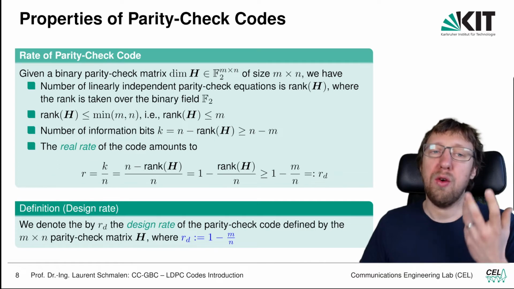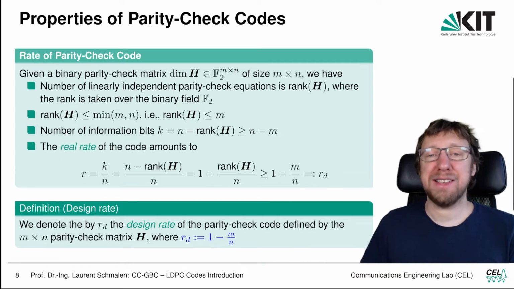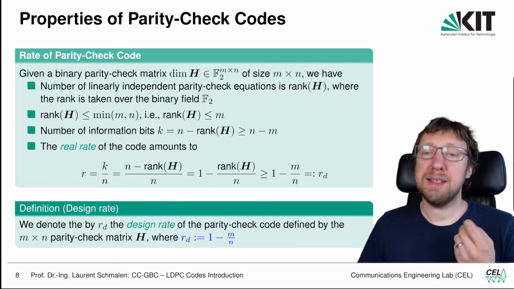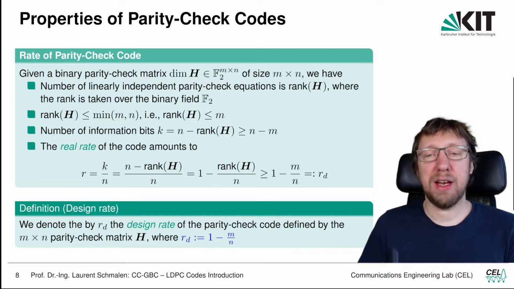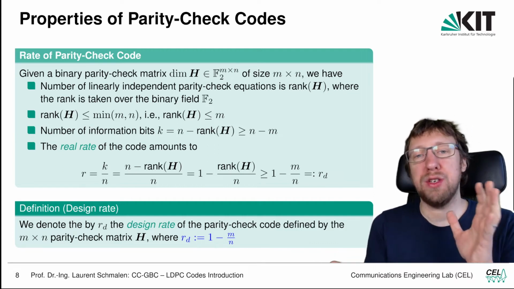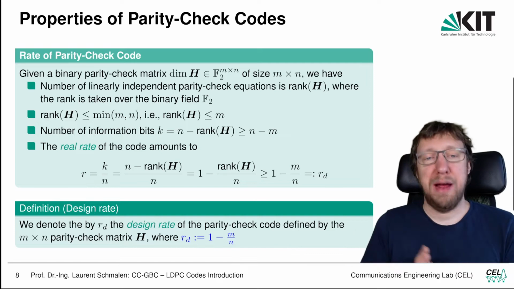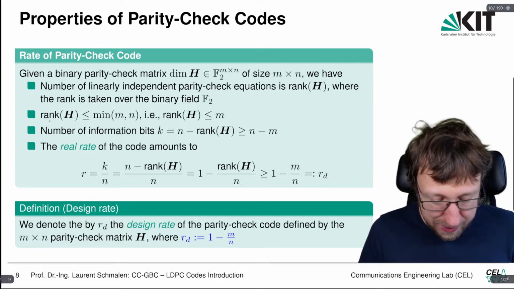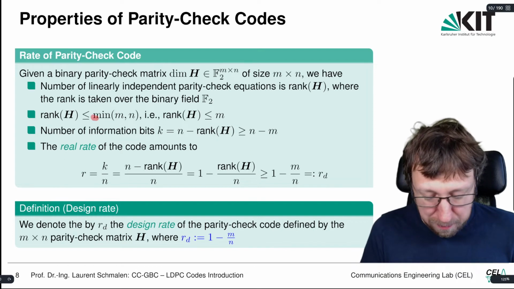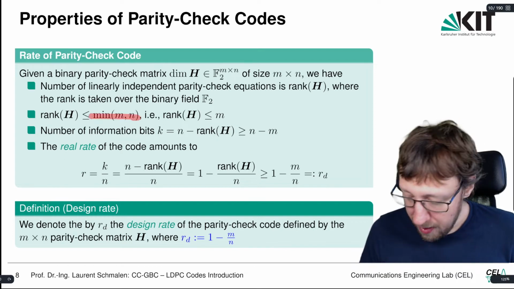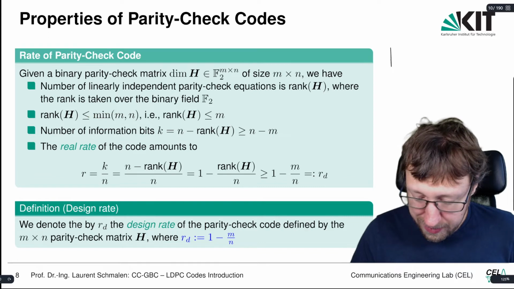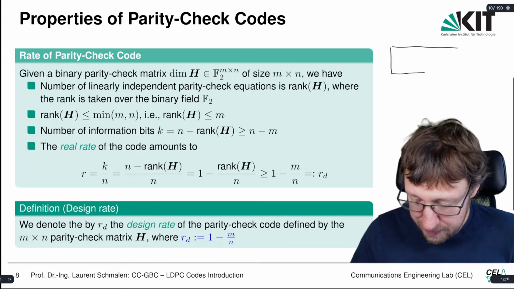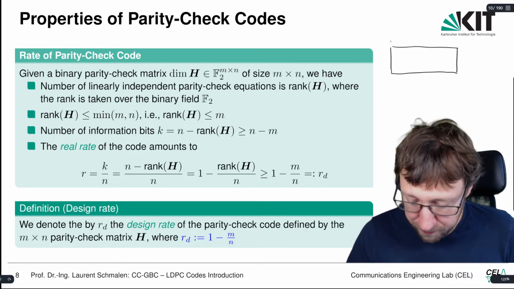So we need to know how many possible x there are, and this is determined by the rank, because the rank tells us the dimension of the subspace that the kernel spans. We know the rank is smaller than or equal to the minimum of m and n, and we always say that the matrix is shallow.